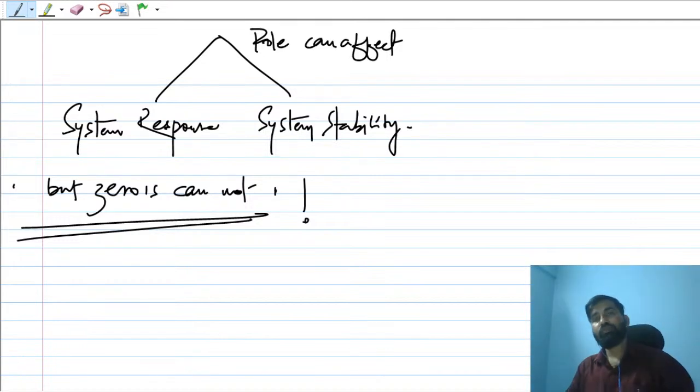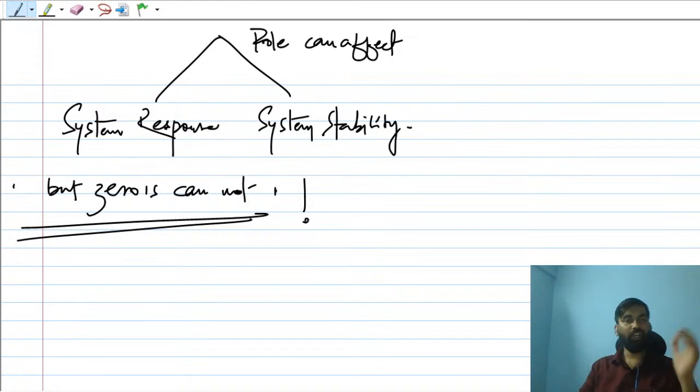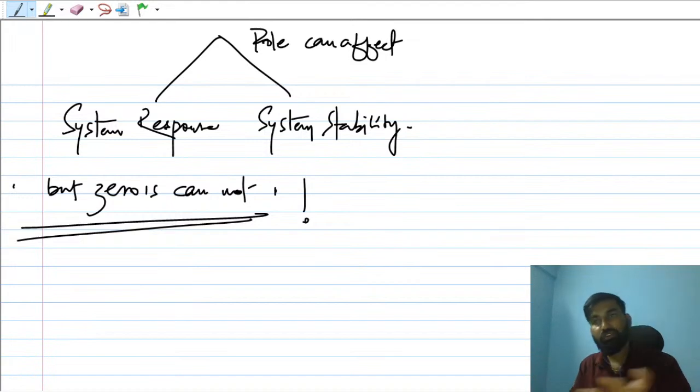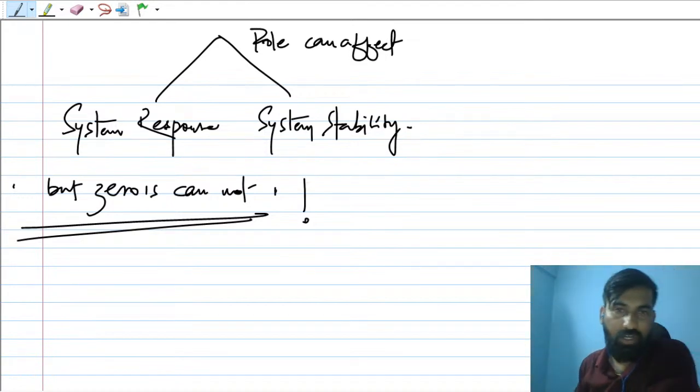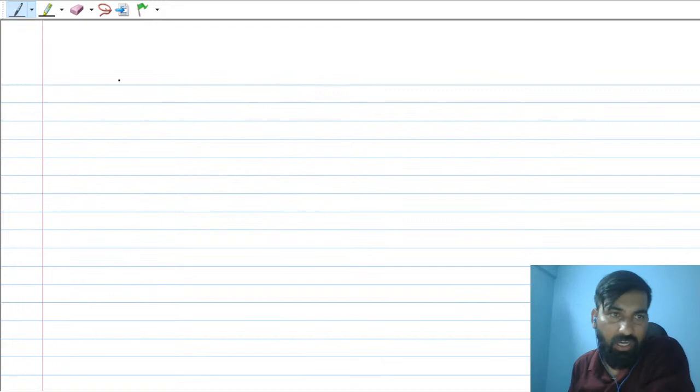And what does the time constant do? The time constant gives the system behavior, because the time constant depends upon the system components. I have also told you about the RC time constant.